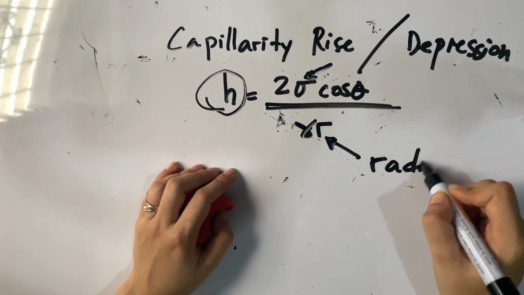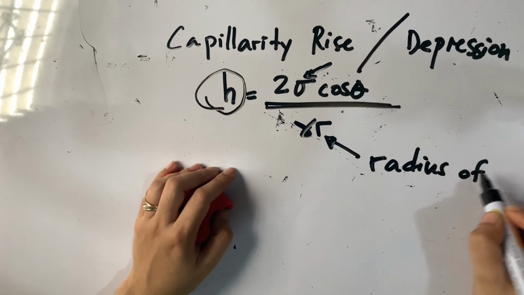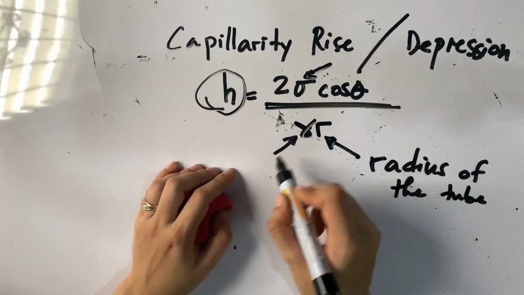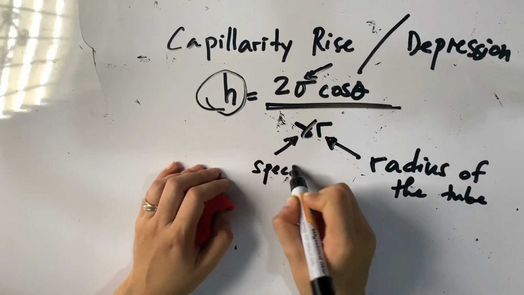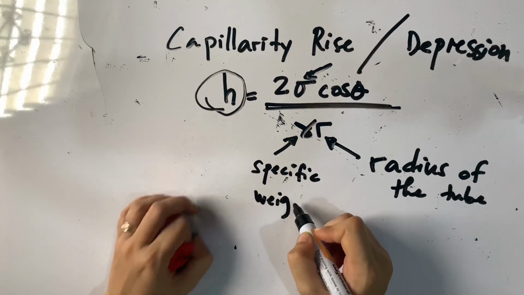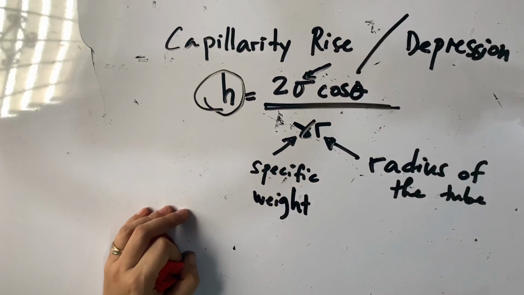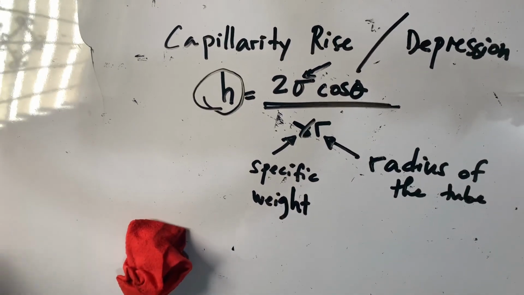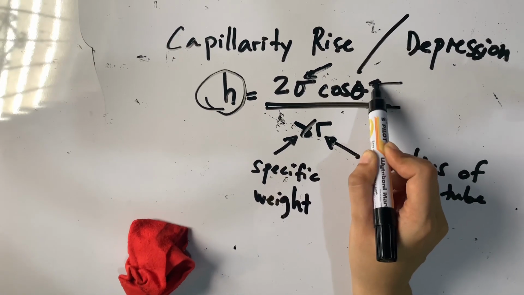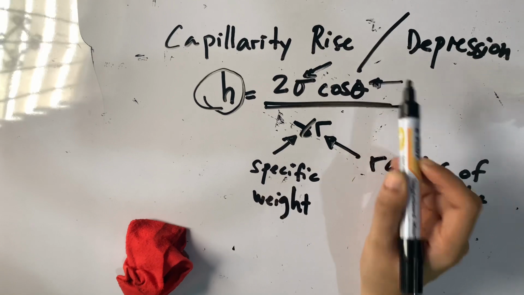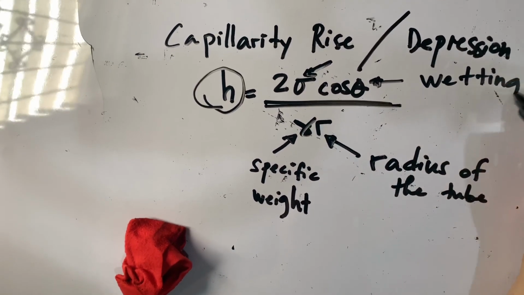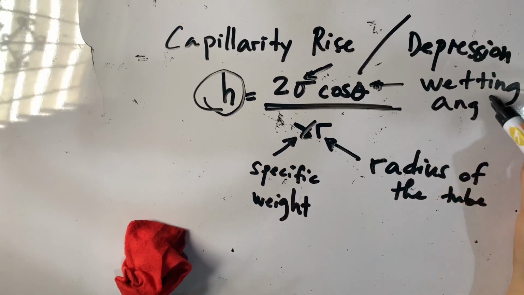This is the radius of the tube, and this is the specific weight. What is this theta? This one is the wetting angle.